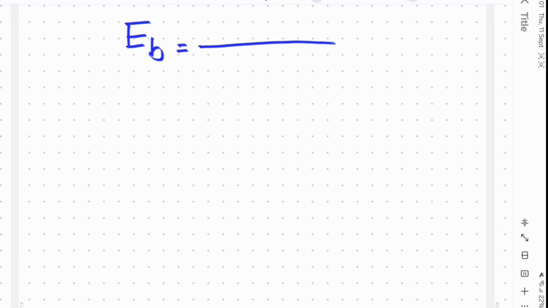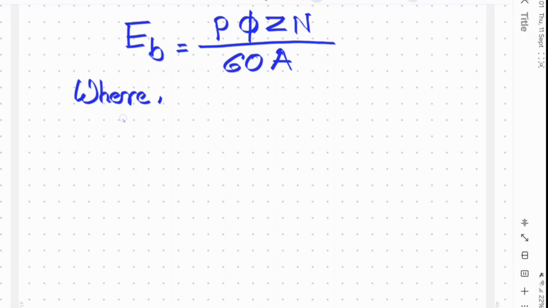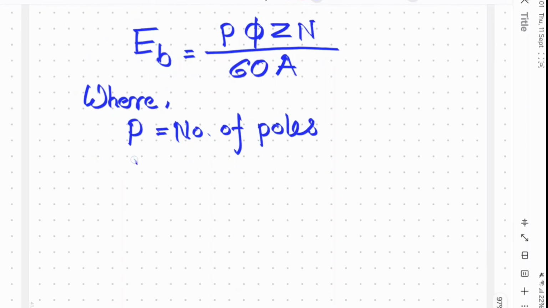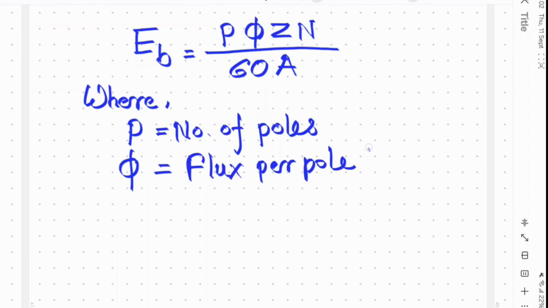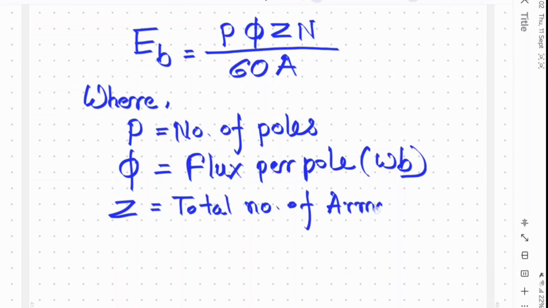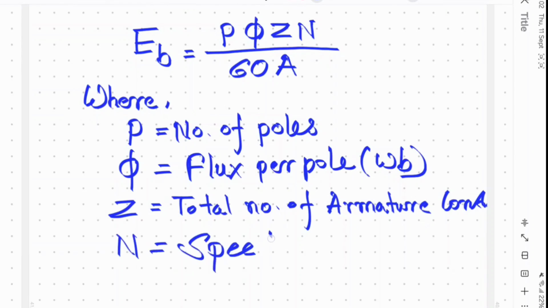So EB is equal to P phi Z N by 60A, where P is the number of poles, phi is the flux per pole in Weber, Z is the total number of armature conductors, N is the speed in RPM, and A is the number of parallel paths.